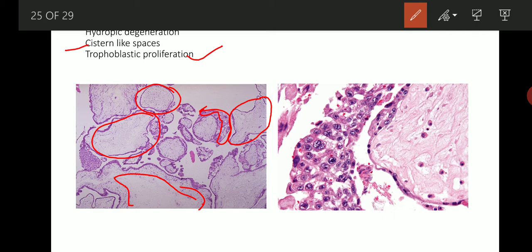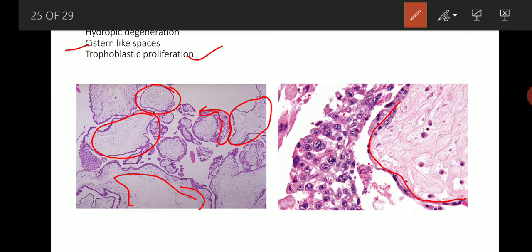As you can see in the higher magnification, this is the chorionic villi. There is no blood vessel inside the chorionic villi. Normally the chorionic villi contains a lot of blood vessels because it is the site where there is transport of materials from the maternal to the fetal circulation.